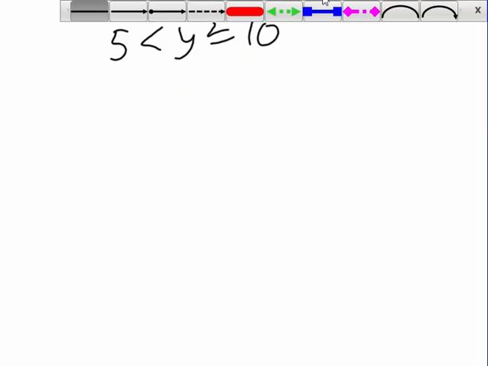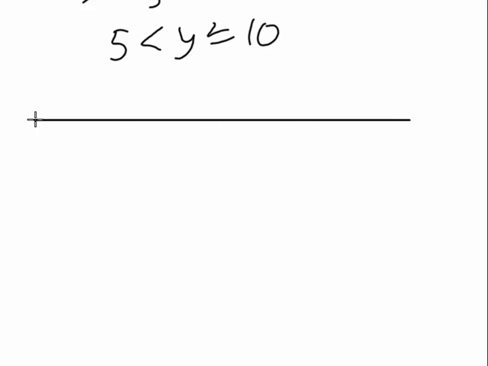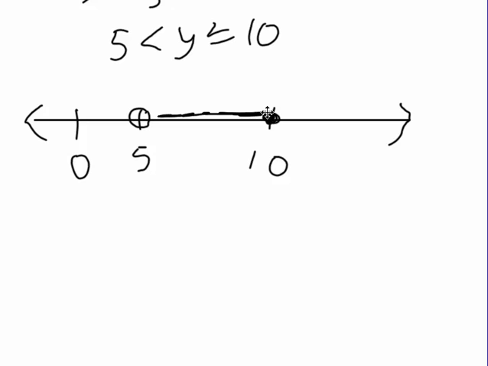And I'm going to plot my answer here on this number line. I'm going to graph on this number line and describe the values that y can be. And I have 0 and 5, and here is 10. Now again, y is strictly greater than 5, so I have an open circle at 5, and it's less than or equal to 10, so I'm going to have a closed dot at 10, and all the values in between are the values for y.